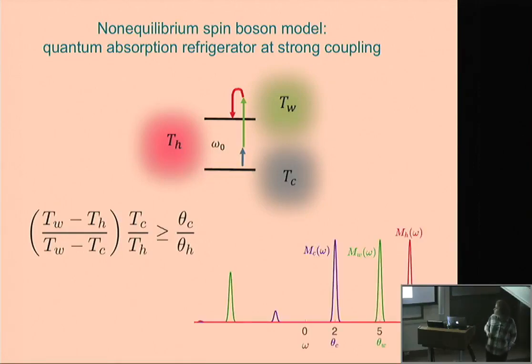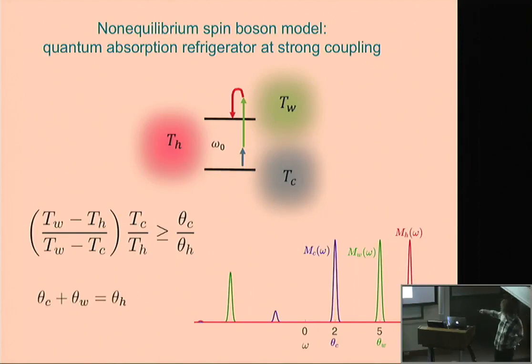And what we have to enforce, to get this specific limit, is that the spectral functions of the cold and hot reservoirs are shaped in a certain manner, such that if central frequencies satisfy this relation, we actually don't need to filter the frequencies of the work reservoir, but we do need a component here.